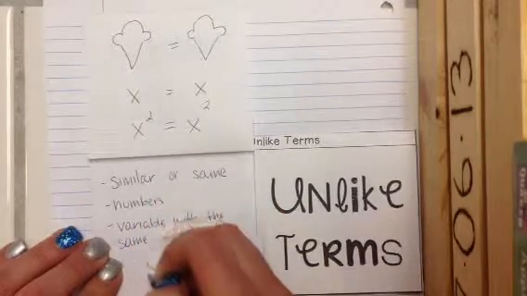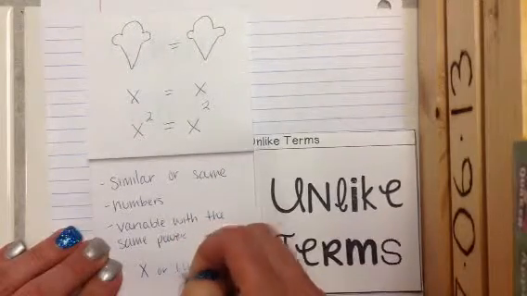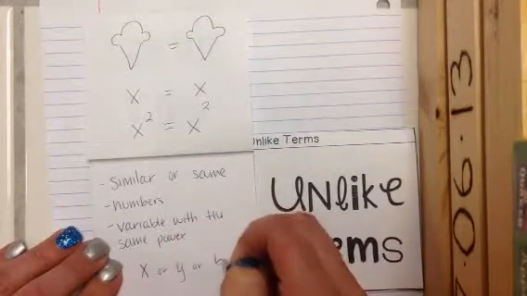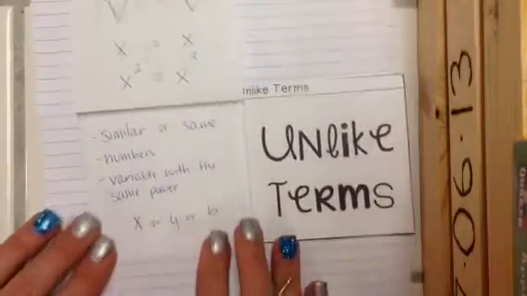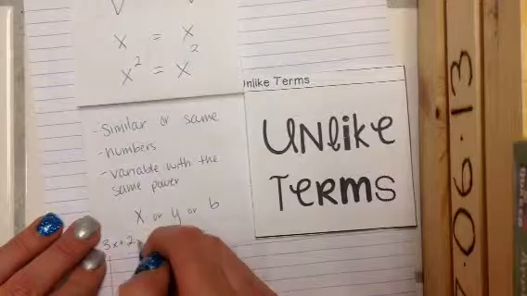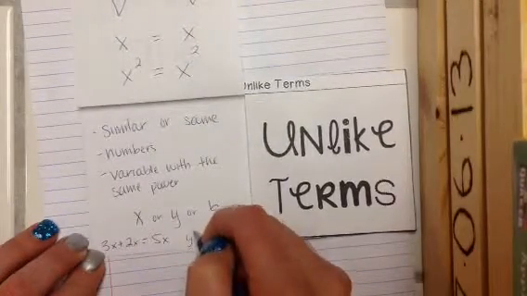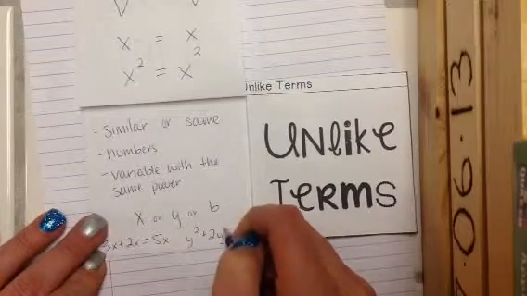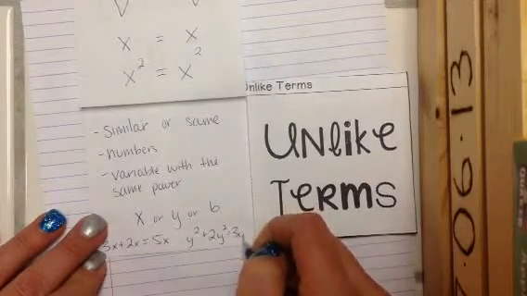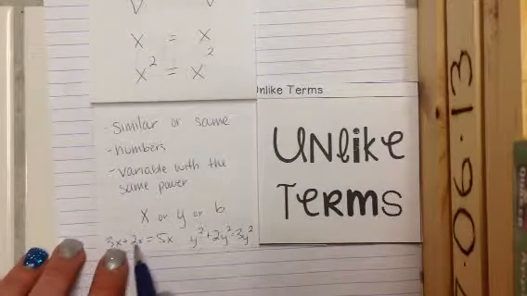So that's letters like X or Y or B. But in order for them to go together, we'd have to have like 3x plus 2x, which would be 5x. Or we'd have to have y squared plus 2y squared, which would give me 3y squareds. I have 3 x's, I have 2 x's.